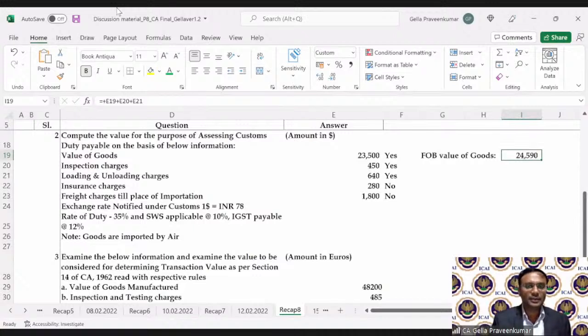Namita is asking this question: sir, page number 4.10, testing charges are not mentioned. Let me check, come to 4.10. Okay. Now, such transaction value shall also include, in addition to the price as aforesaid, any amount paid or payable for the cost and services.